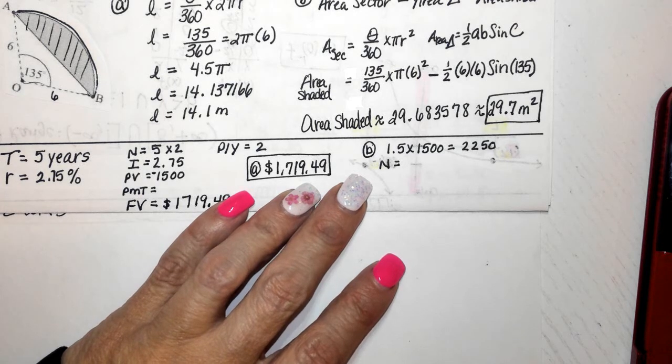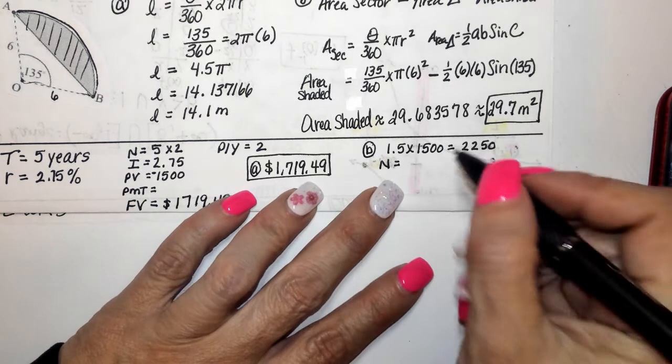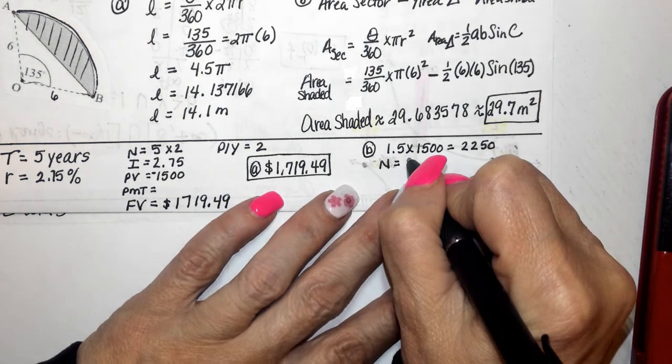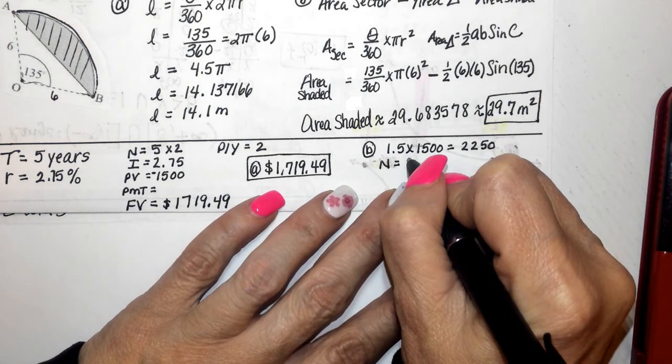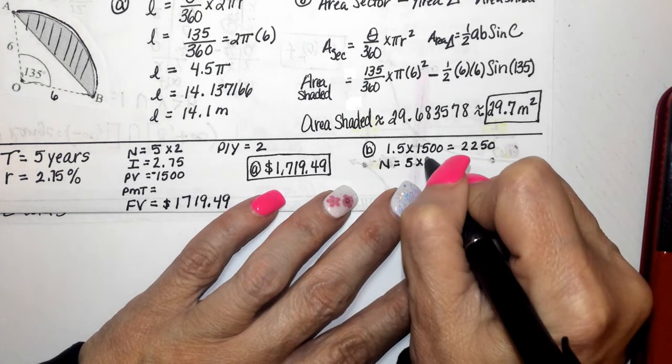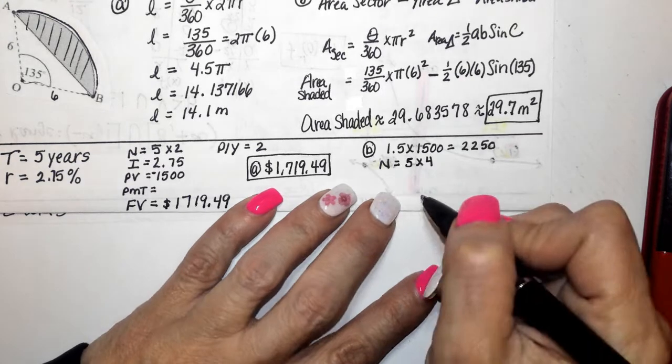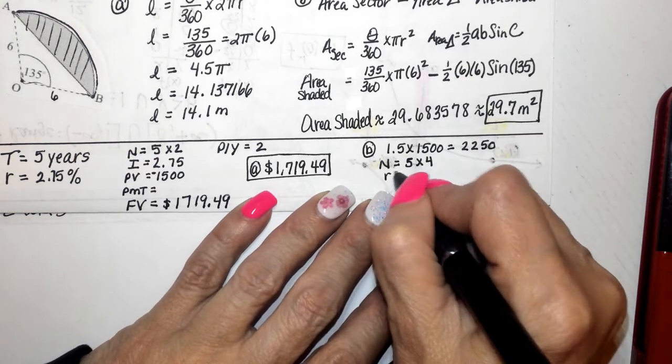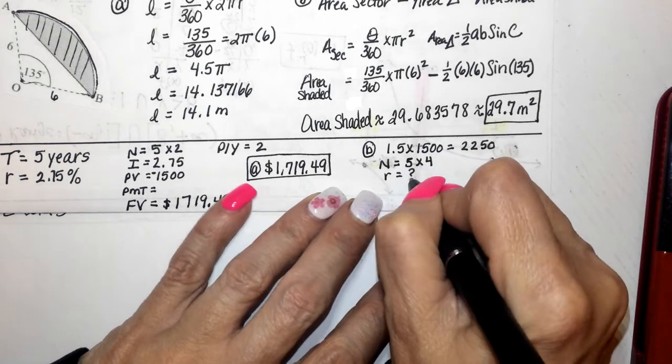Assume that the account pays a nominal interest rate, or R%, compounded quarterly. So he's still doing the same thing. He wants to increase it in 5 years, but now he's getting paid quarterly, which means he's getting paid 4 times a year. But now I don't know the interest rate.